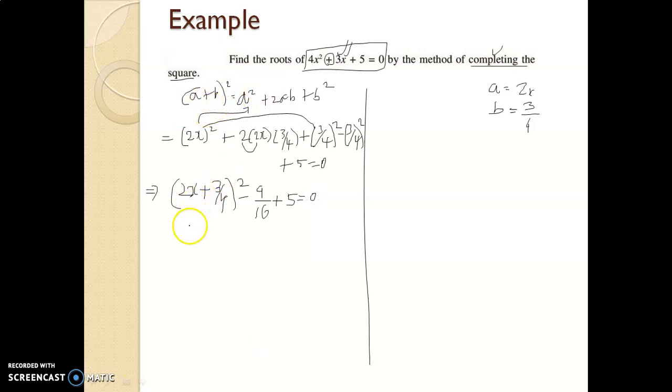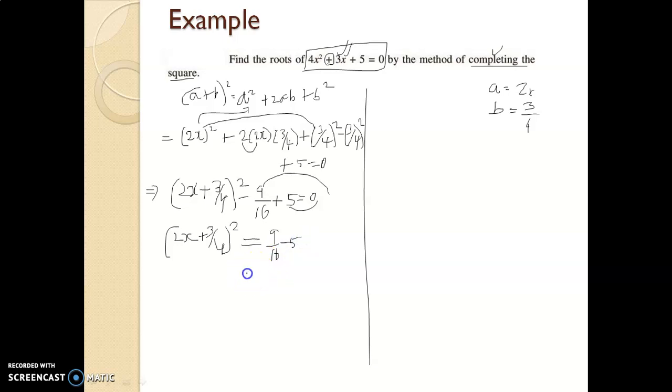So (2x plus 3 by 4) whole square equal to, transposing these two terms to the right hand side, this term becomes plus 9 by 16, and this 5 becomes minus 5.